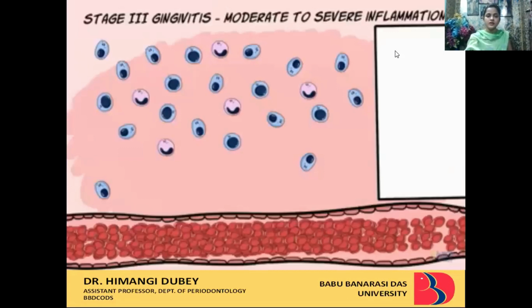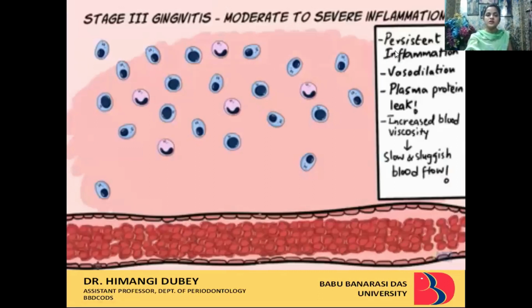Stage 3 is when gingivitis has become chronic and is moderately to severely inflamed. Now, persistent inflammation, vasodilation, and continuous leak of plasma proteins or exudates from the vessels lead to an increased viscosity of blood, and this leads to a slow and almost stagnant blood flow.